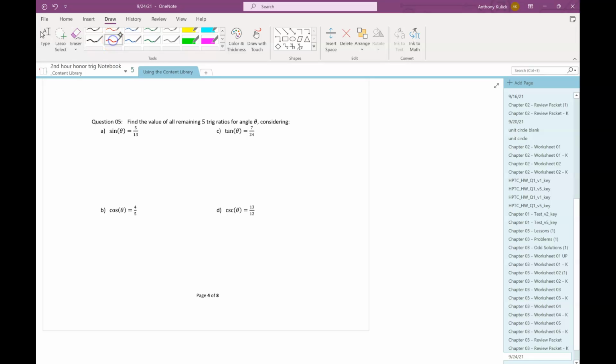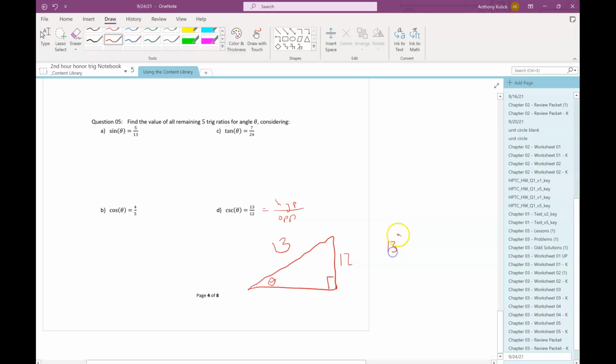So cosecant, I know, is hypotenuse over opposite. So I'm going to now draw my triangle, label my theta. Opposite my theta is this side, and the hypotenuse is that side. And then I'm just going to use my Pythagorean theorem to find the other side.